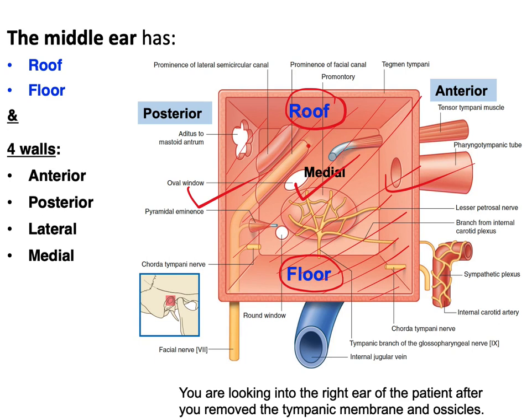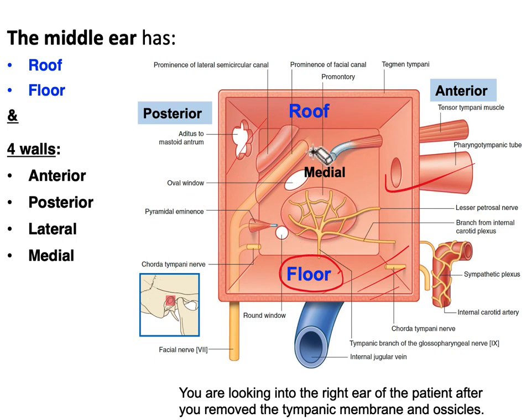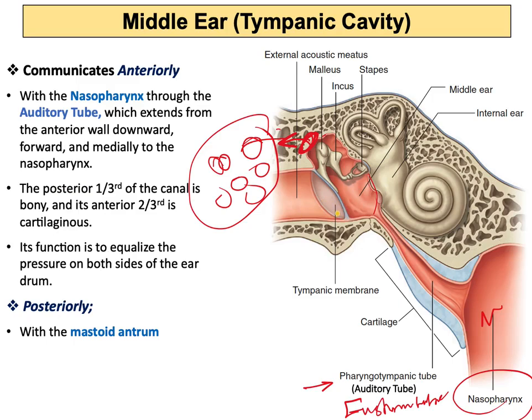Anyway, the lateral wall should be here, the tympanic membrane, the eardrum, but it's removed to get a look inside. To understand this figure, I would show you this again. You are removing the eardrum, right? And you have a look here into the middle ear. So this is the middle ear, which is like a box, right? It's like a room, right?